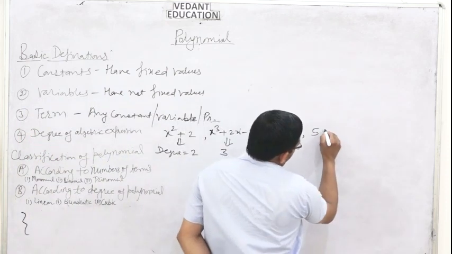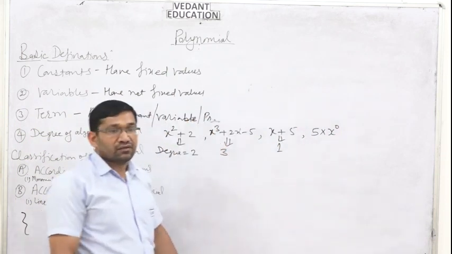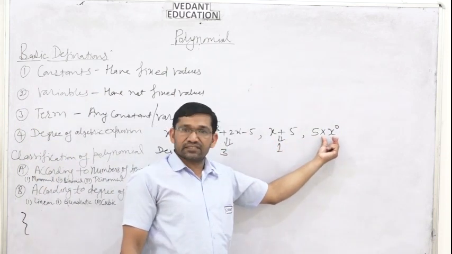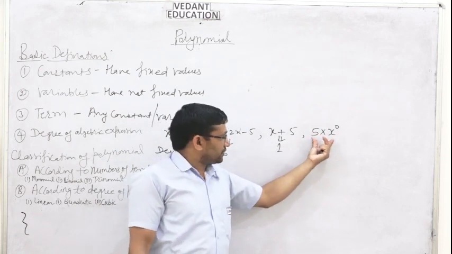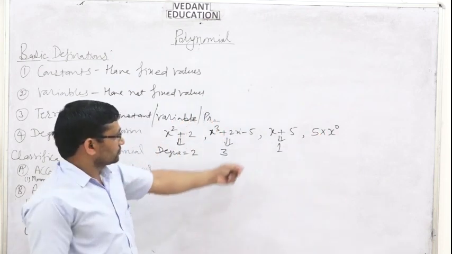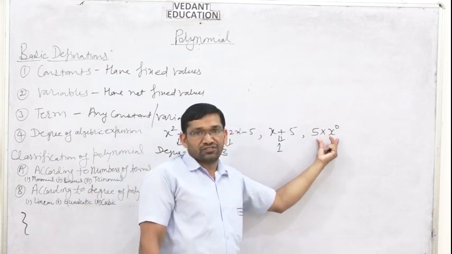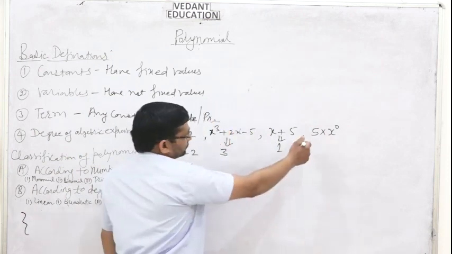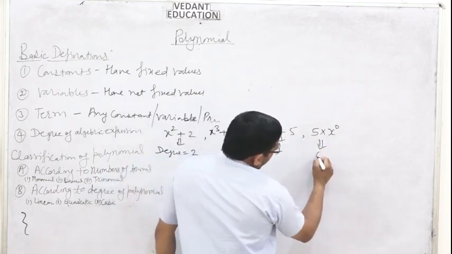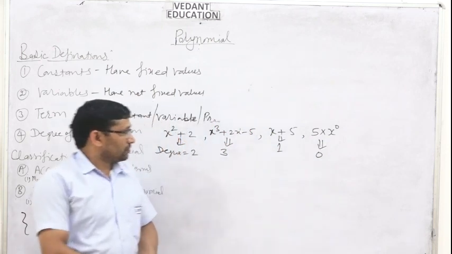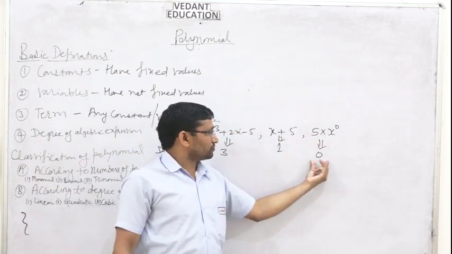We can write 5 multiply x power 0, because x power 0 is also 1. So we represent it in the algebraic expression as 5 multiply x power 0. So in this degree is 0. Degree of 5 is 0.